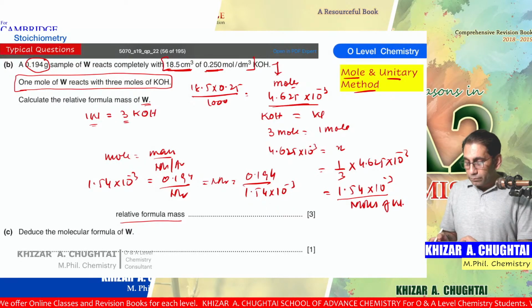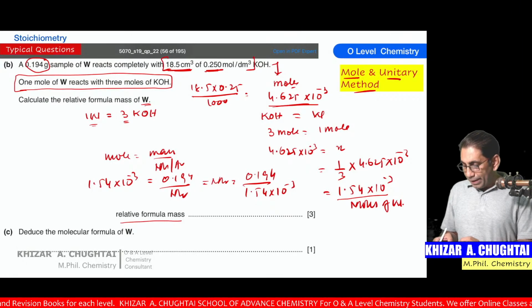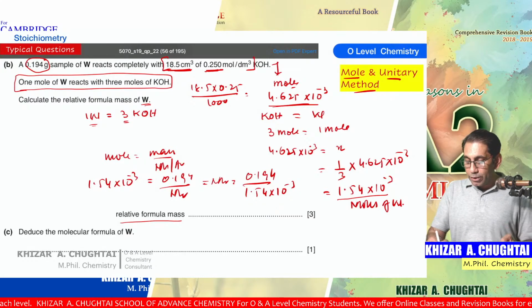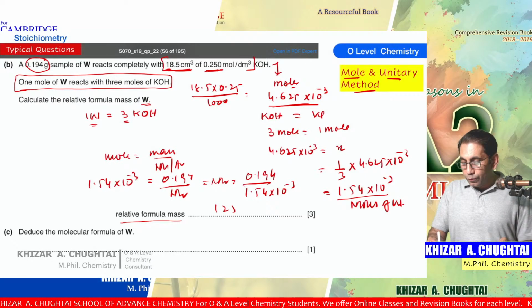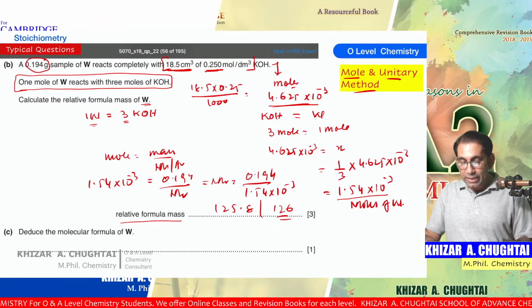So 0.194 divided by that, and my answer is 126.5, or you can say 126 gram is the formula mass.